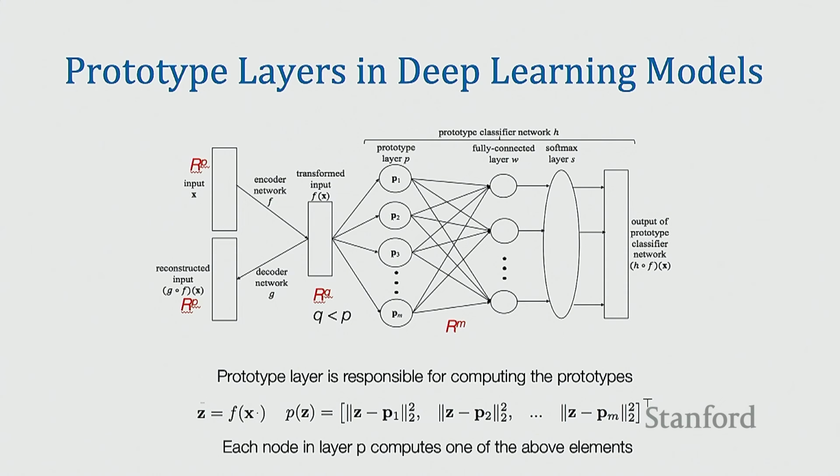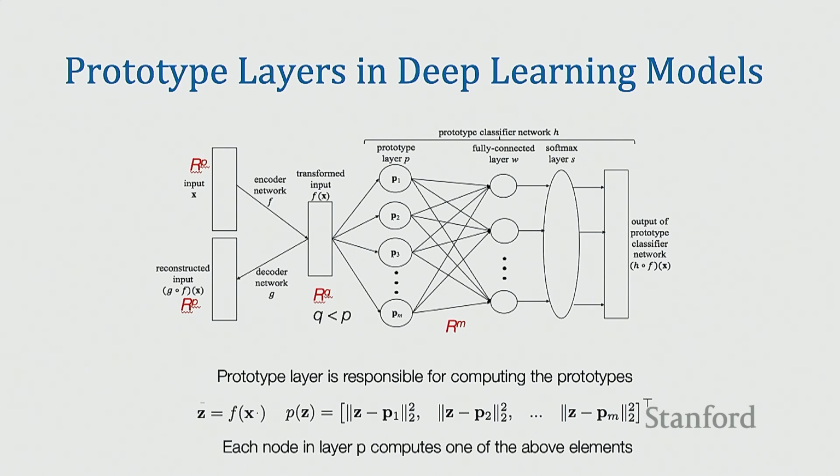For example, given an input data point X, we got this Z, which is the transformed version of X, and each node in the prototype layer computes the L2 norm difference, or the distance, between Z and P1, between the transformed input point and the prototype that it has currently learned.